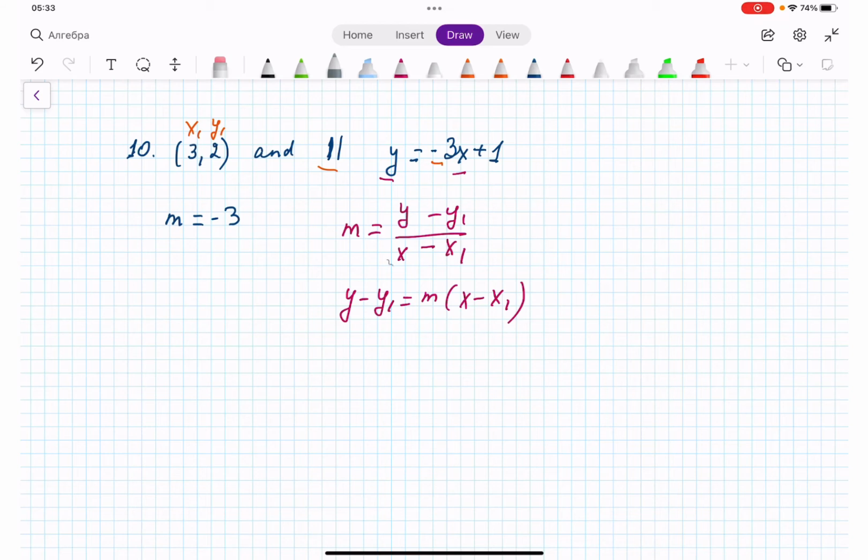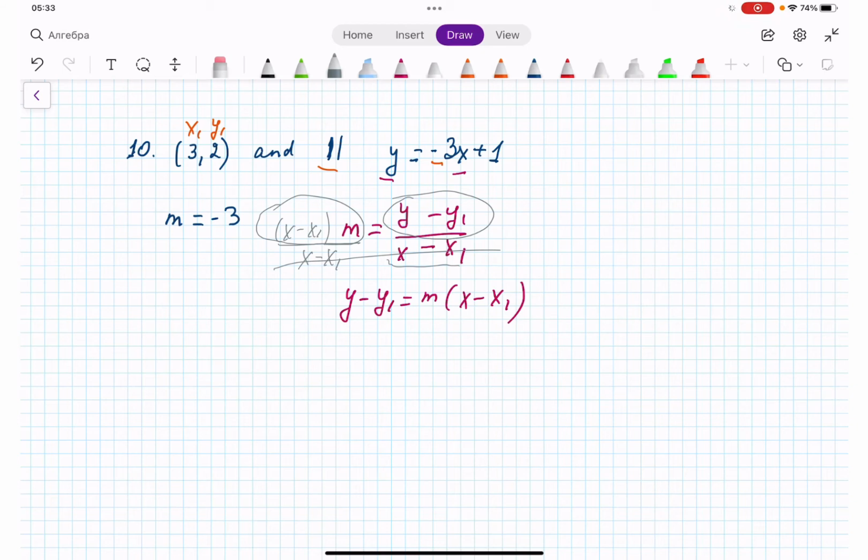So the denominator is x minus x1, which means on the left side, I'm multiplying by x minus x1. And once you have an equation with the same denominator, you can throw out that denominator. You don't need anything for that, and you are getting x minus x1 times m is equal to y minus y1, which I have here.